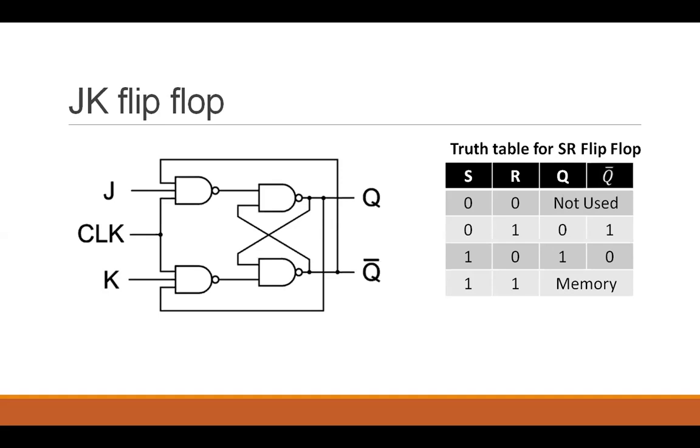The name of the inventor was Jack St. Clair Kilby. That's why it's named JK flip-flop. You can see the clock is again going as an input to the NAND gate, and as I've already told you, this circuit is only going to function if the clock is high.